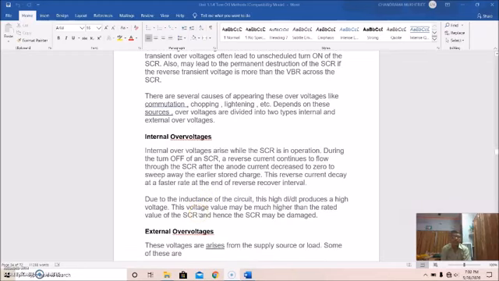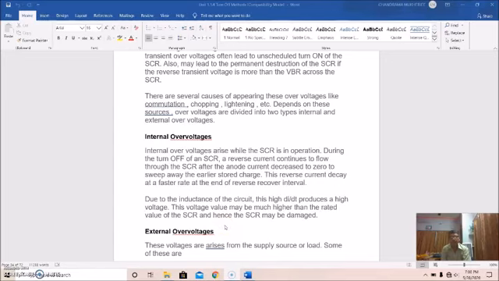Due to the inductance of the circuit, this high DIDT produces high voltage. This voltage value may be much higher than the rated value of the SCR, and hence the SCR may be damaged.